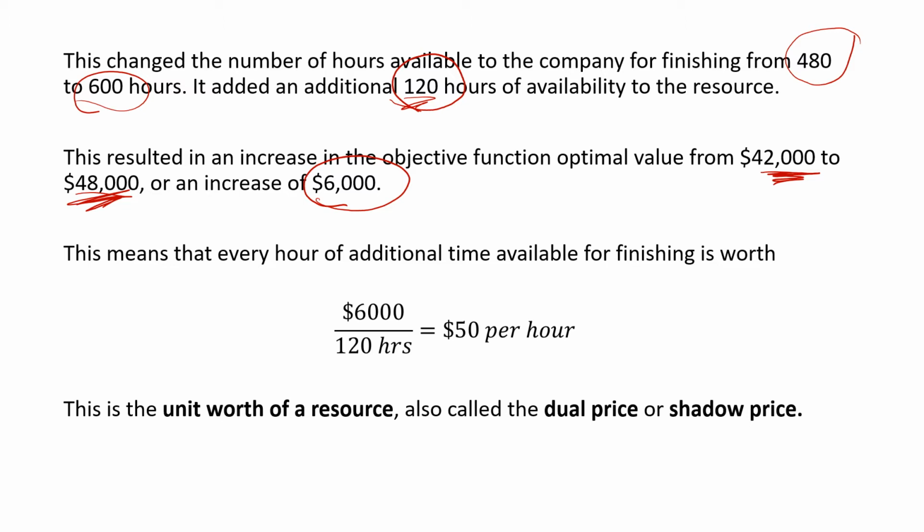Well, this is giving us a lot of information. This says that every additional hour that we have, everything is linear here, so we can keep the relationships linear, is going to give us, well, $6,000 is what we make for 120 hours of extra time. That works out to $50 an hour. So this is giving us a very valuable piece of information for real-world problems.